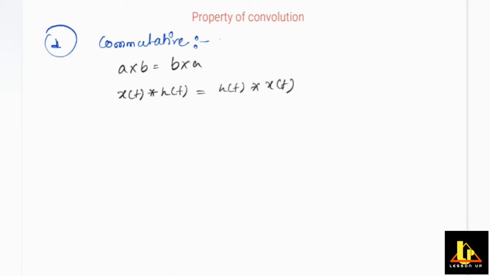Our second property is distributive, or we call it parallel.